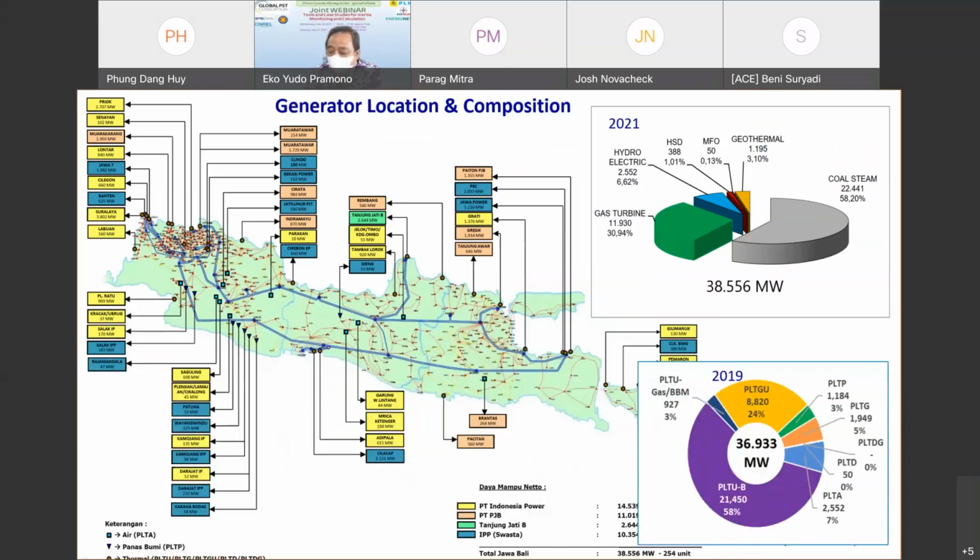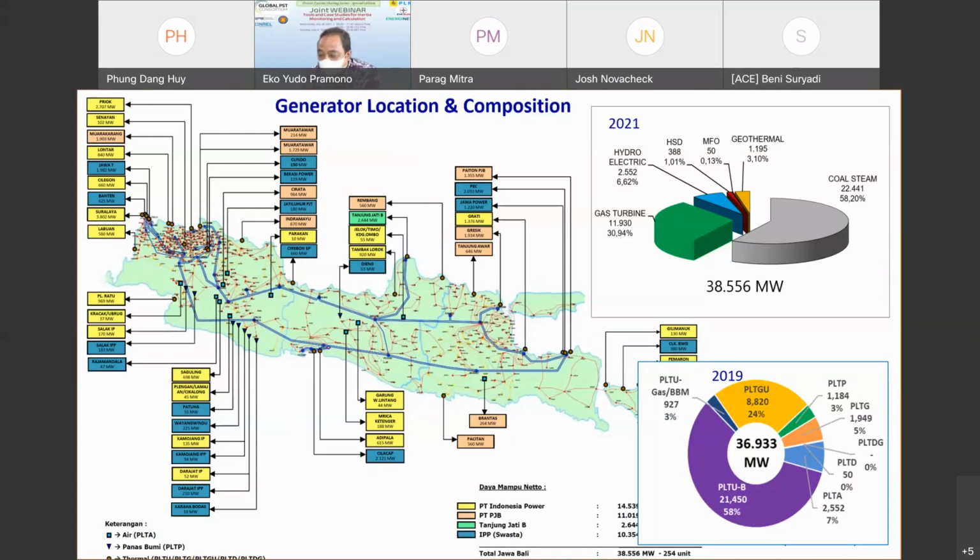This is the generation location and composition. We have 38,556 megawatts, and the composition is 58.2% from coal, which is the biggest part of our composition, and gas turbine is 30.94%.